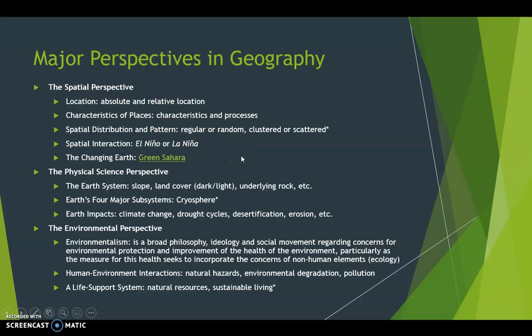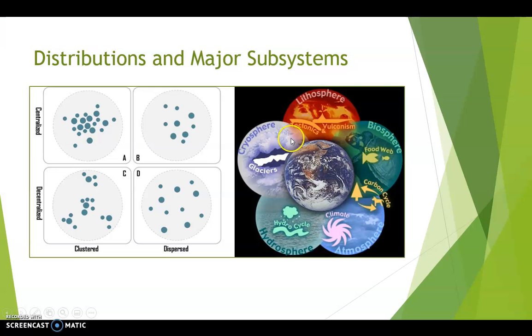When we look at spatial distributions and patterns, those are really big. This is spatial reasoning. Is it regular or is it random? Is it clustered or is it scattered? Like this, okay? So you've got here centralized and clustered as it intersects here. Decentralized, so you have many clusters. We look at all sorts of stuff in nature with plants and animals and the like. Is it dispersed?